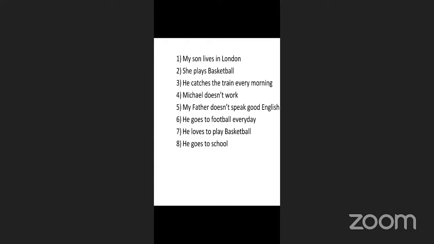No, we normally say "always basketball, he play love." So the helping verb will always come at the end after the main verb.